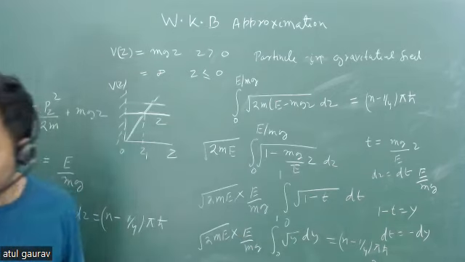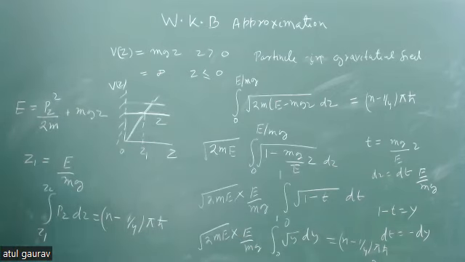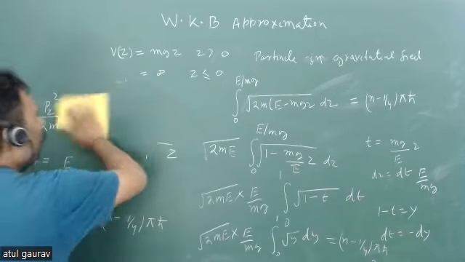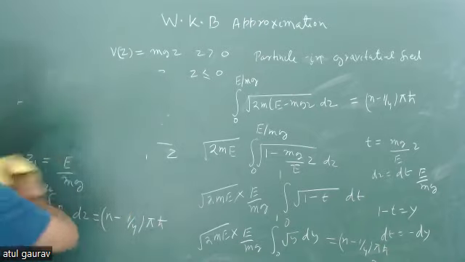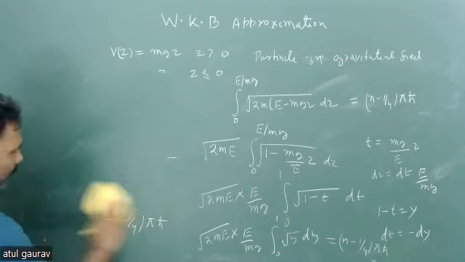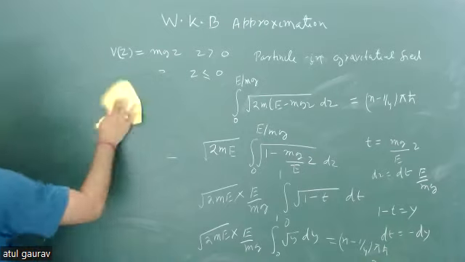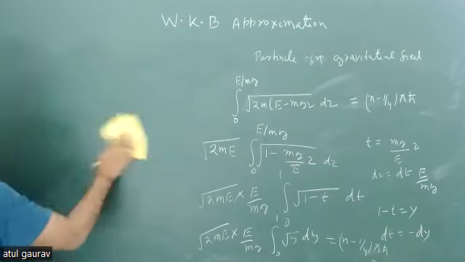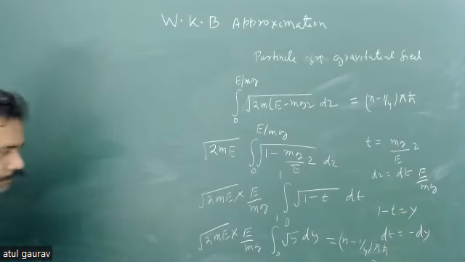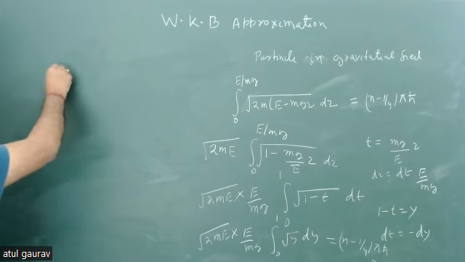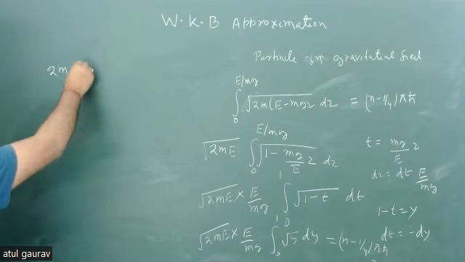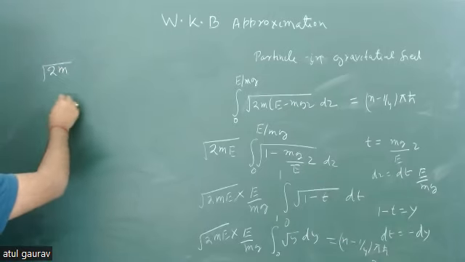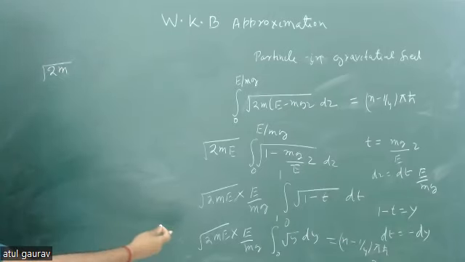And from there, you can easily calculate the energy. So now see how easily we can use this particular formulation of semi-classical theory to find different types of energy, isn't it? So you have 2m and root under 2m, so m to m is cancelled.